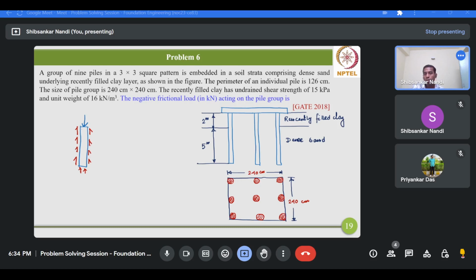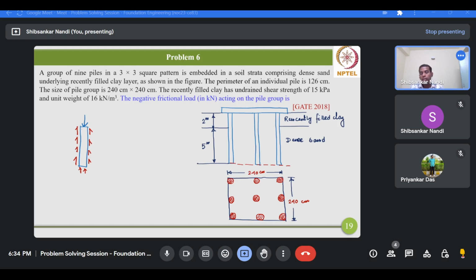So earlier, where we were getting the frictional resistance in the upward direction, in this problem we are getting the frictional resistance in the downward direction, as if it is imparting some external load on the pile.